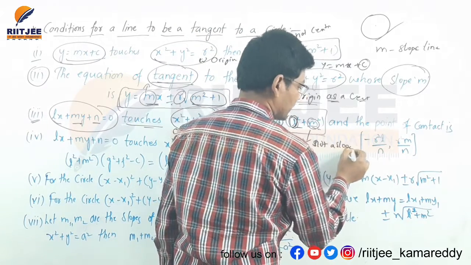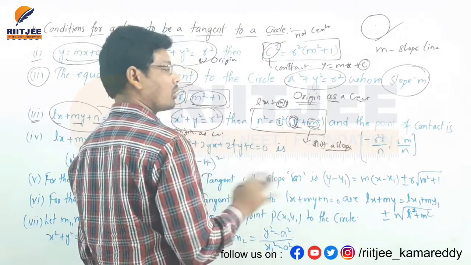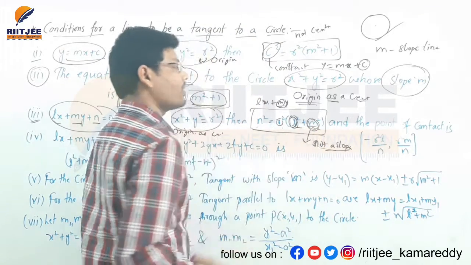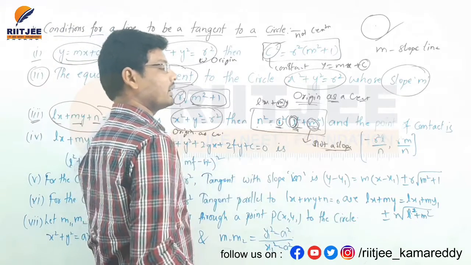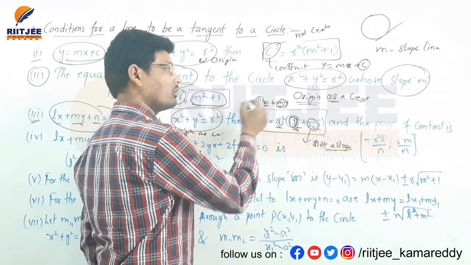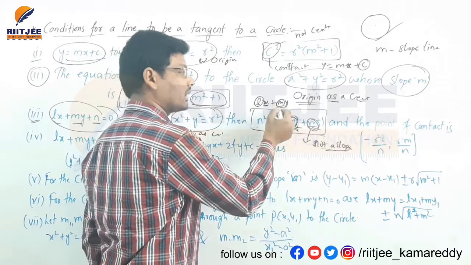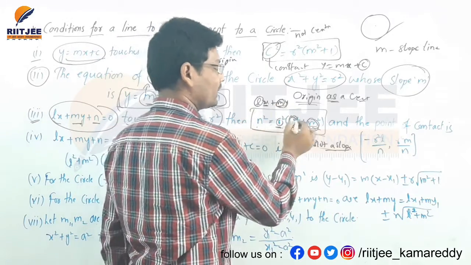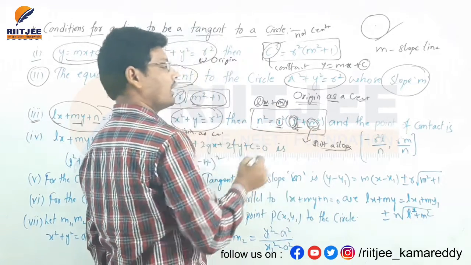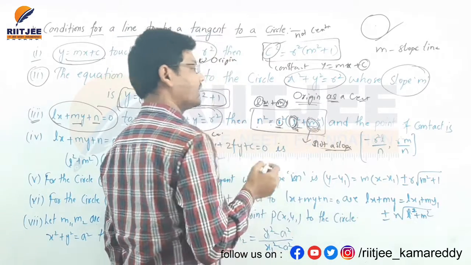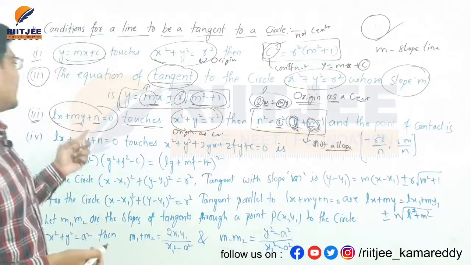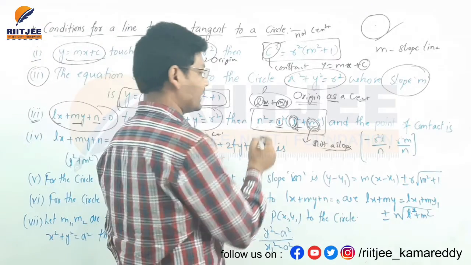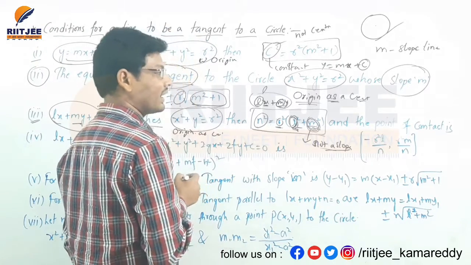The most important thing is that this is not a slope; it is the coefficient of y. This is the coefficient of x, this is the coefficient of y. The line is lx + my + n = 0, where n is the constant of the line.